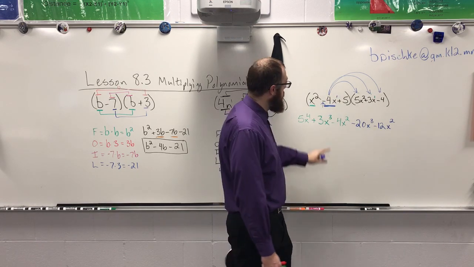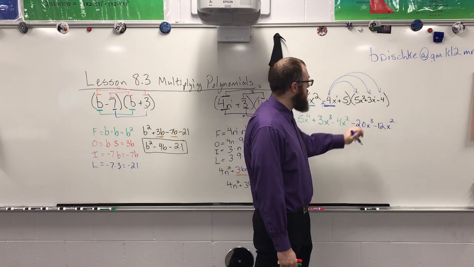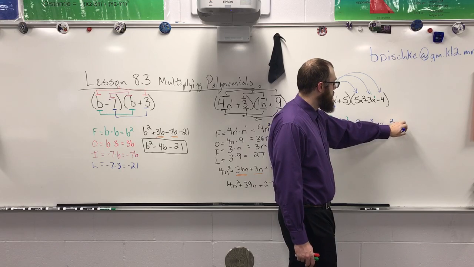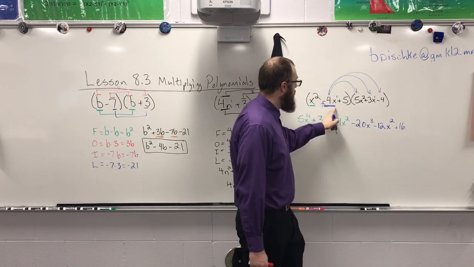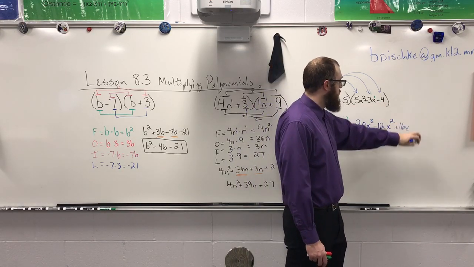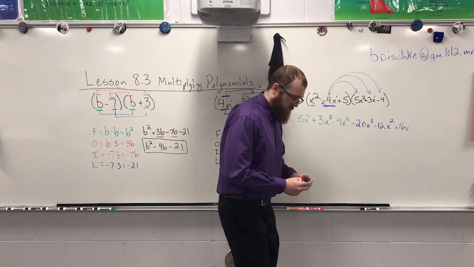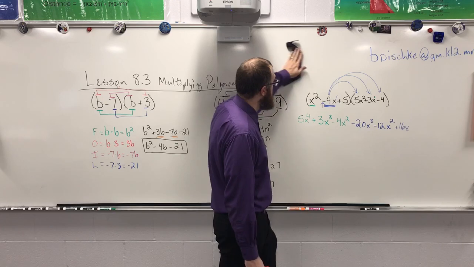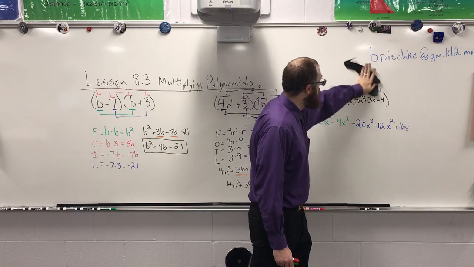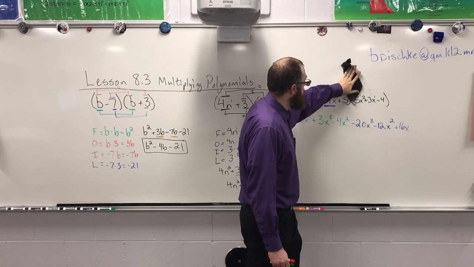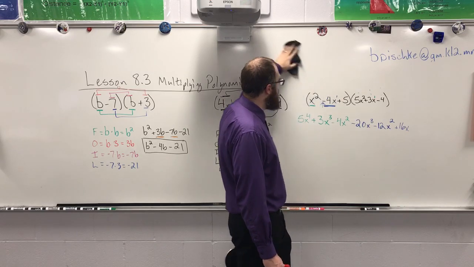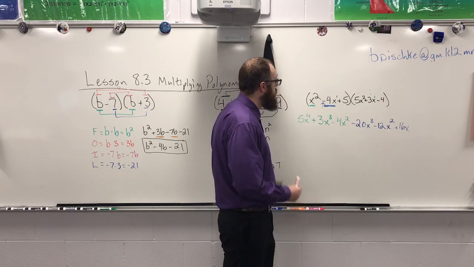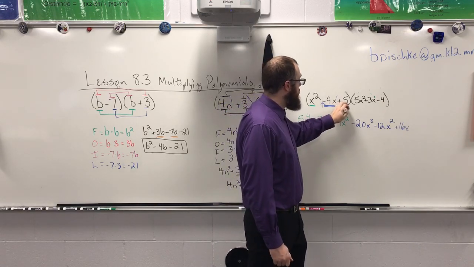Last one. -4x times -4. -4 times -4 is positive 16. x times no x is x. I wish I could say we were done, but we're not. We've done 2 of the 3 from the initial trinomial, but we have to do the third. Multiply through this 5.